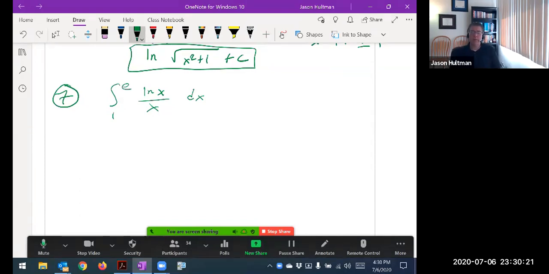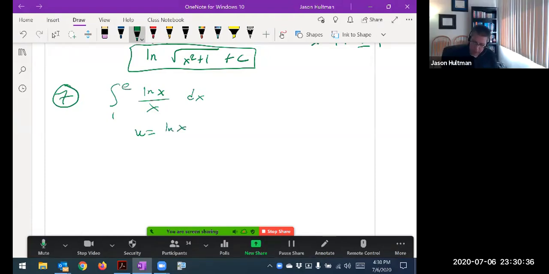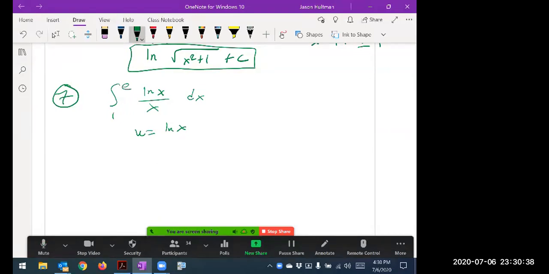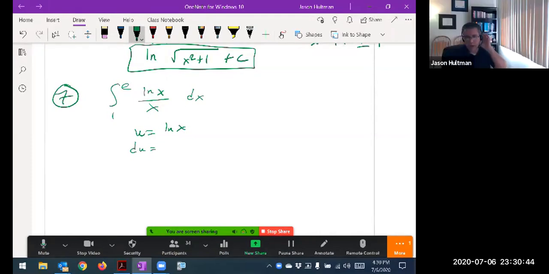What do you think the u sub is going to be? U equals what? Natural log of x. Why would we want to go with natural log of x here? Because we can simplify it to something simpler.